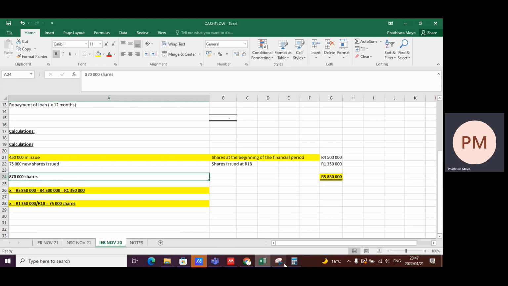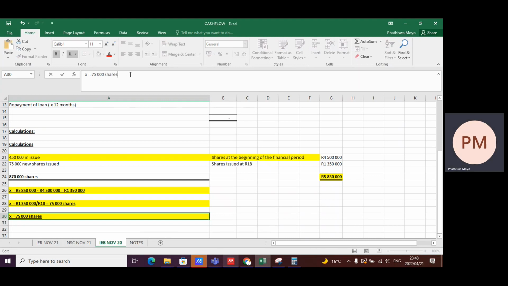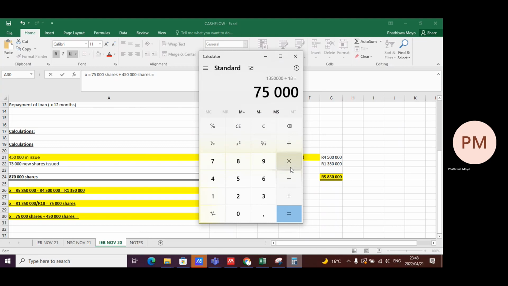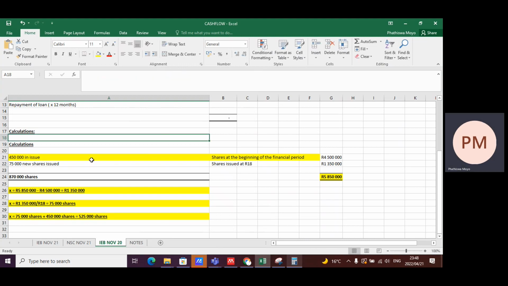Now, which means the shares that were issued equals 25 shares.